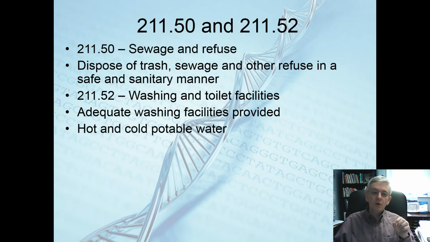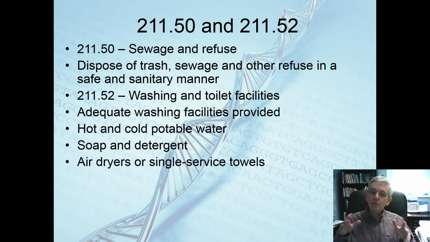You have to have hot and cold potable water provided in those facilities, and along with that, certainly soap and detergent. You'll have air dryers for your hands, or single service towels. You go into a restaurant anymore, many times they'll have the air dryer there. It's not something where you go in and typically, like many of us at home, have a towel that you dry your hands off on.